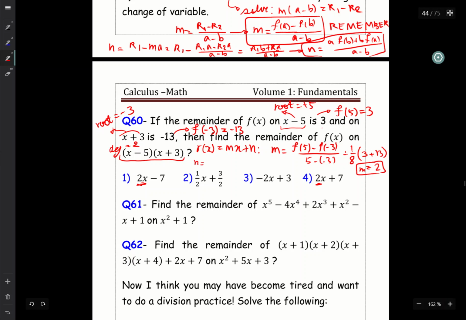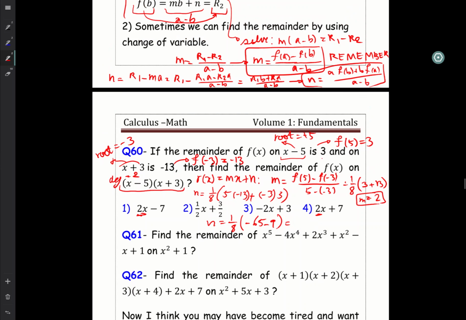n is 1 over 8 times 5 times f of b plus b minus 3 times f of a. So n is 1 over 8 times minus 65 minus 9, minus 72 divided by 8. Let's see, did we make a mistake here?